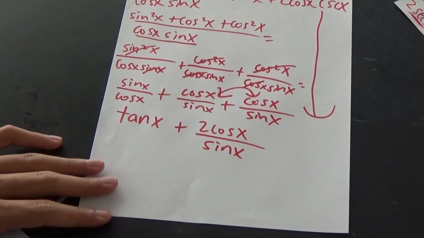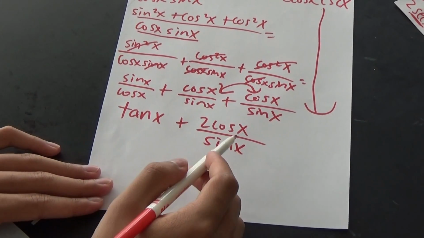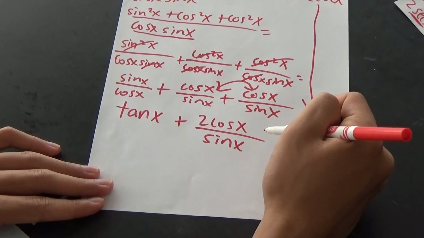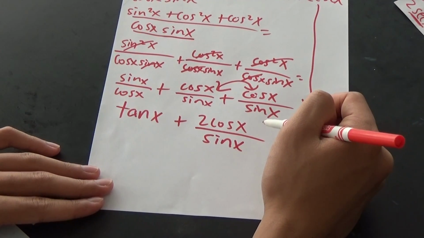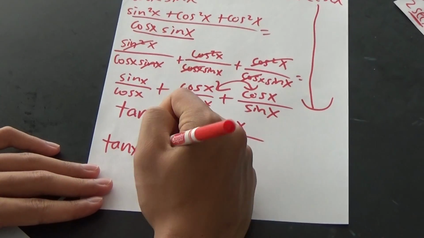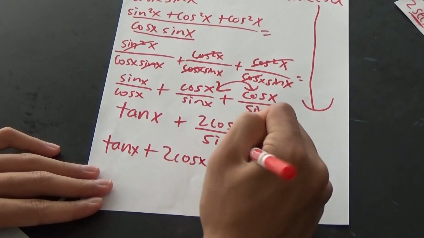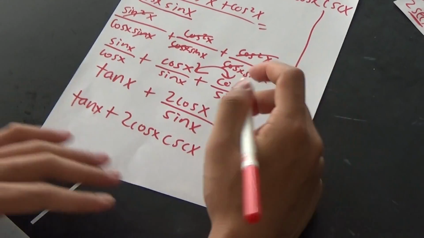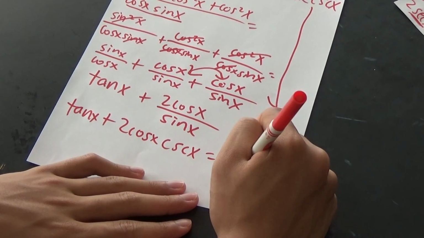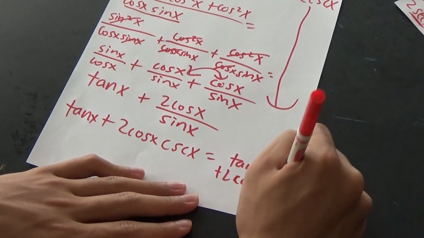Yep, there you have it. All that's left to do, looking at the answer, you can bring the sine x up, change that to the cosecant, right? And then you'll have the answer. Let me show you. Plus 2 cosine x cosecant x equals tan x plus 2 cosine x cosecant x.